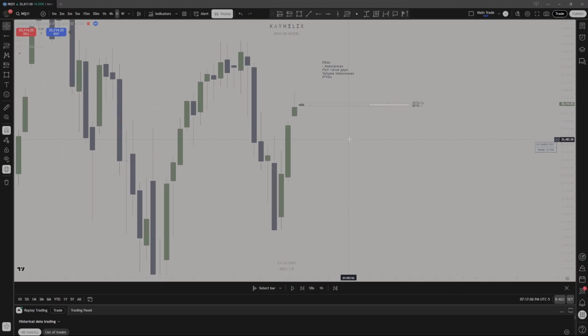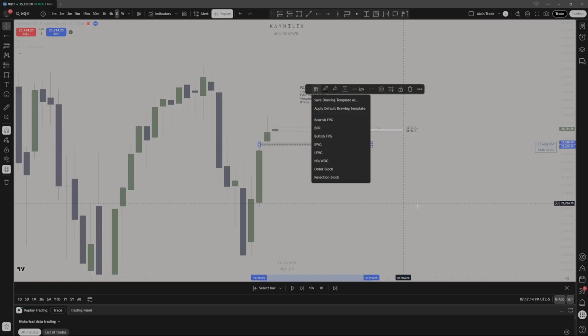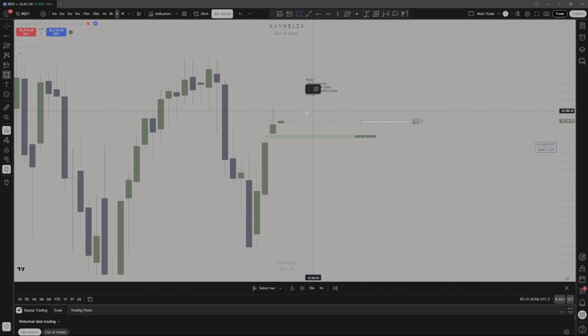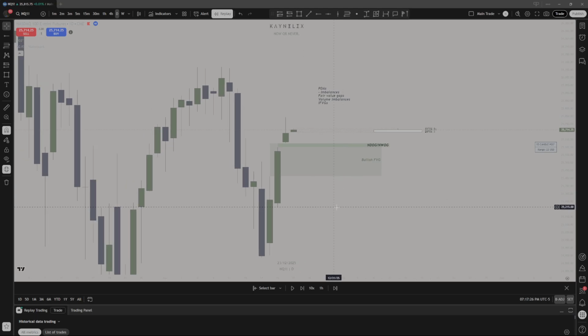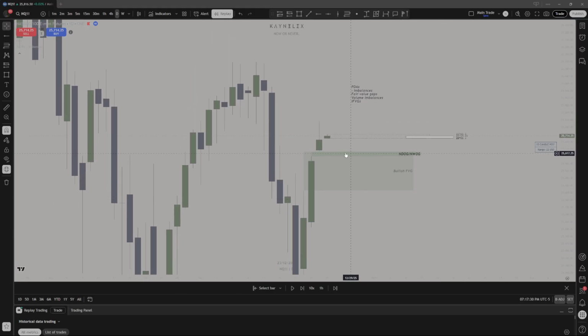So on the daily time frame, what can you see here? We have this NWOG that we created on market open. And we have this bullish fair value gap. As you can see, we already have the drawn liquidity here.